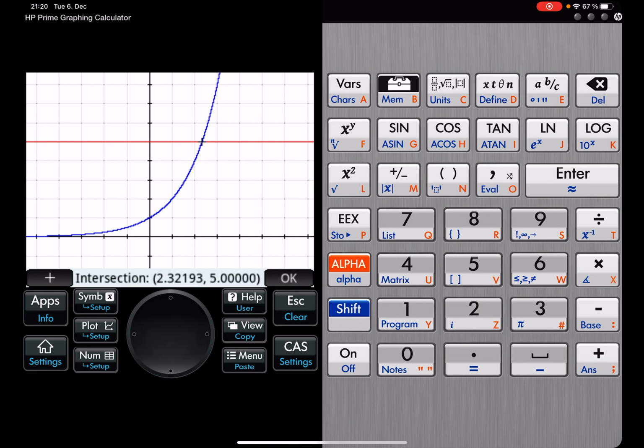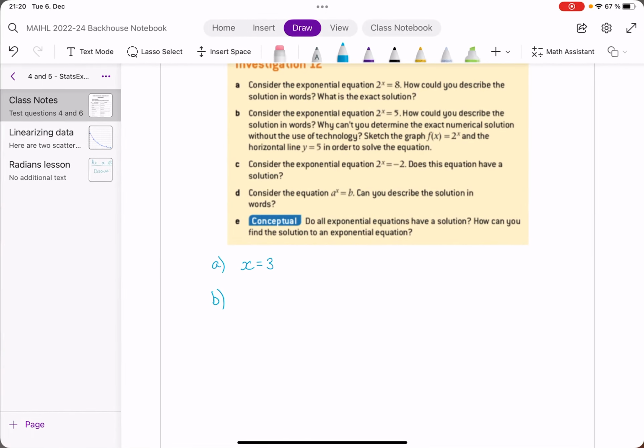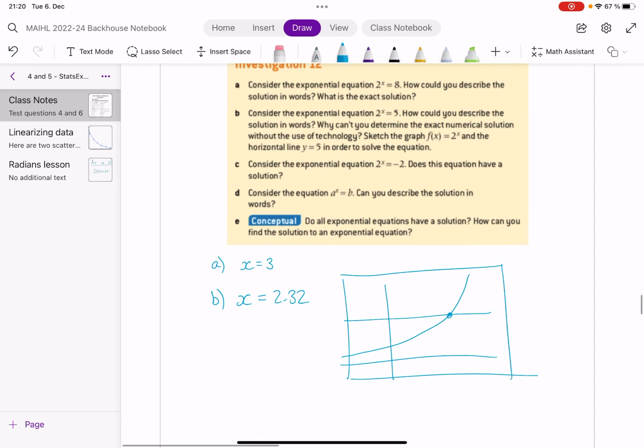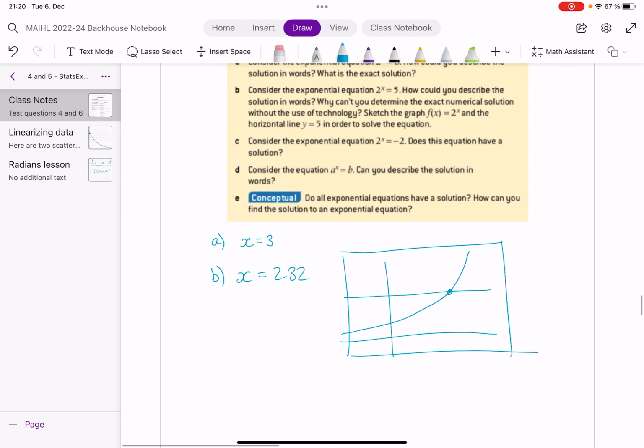Okay, so we can get an approximate answer of 2.32 using our calculator, and I'm hoping that's what you would expect. It should be a number between 2 and 3. We would expect it to be closer to 2 than 3 because 5 is closer to 4 than 8. So that makes sense.